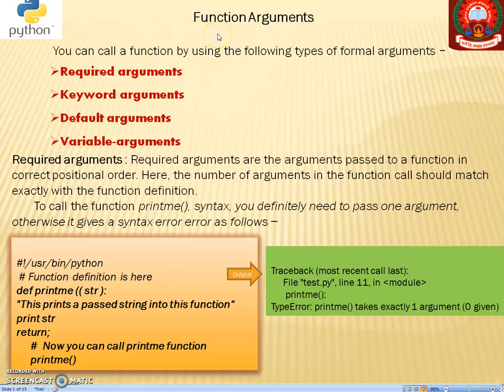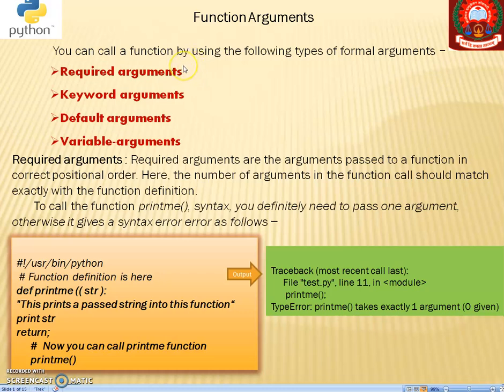Next thing, as far as our syllabus is concerned, there is a part called function arguments. Function arguments are of four types: required argument, keyword argument, default argument, and variable arguments.